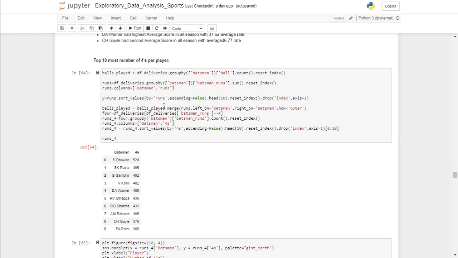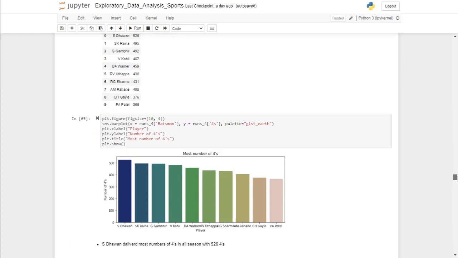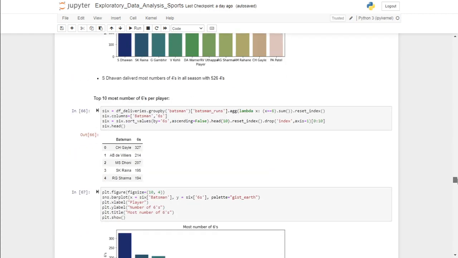And in boundaries, the player who hit the most fours is Dhawan, meaning Shikhar Dhawan, 526, and then Suresh Raina 495, and so on. And the person who hit the most sixes in IPL history till 2019 is Chris Gayle.